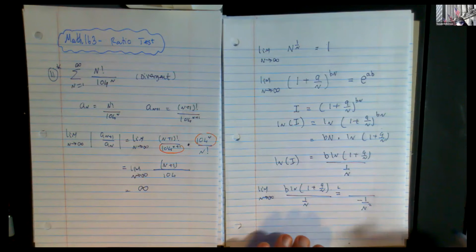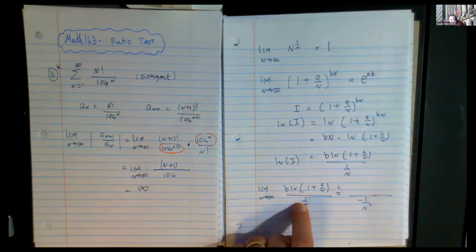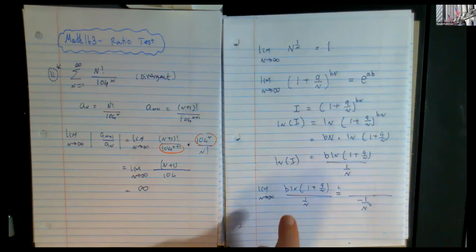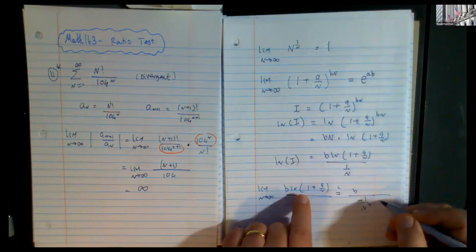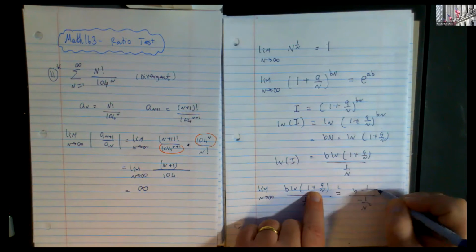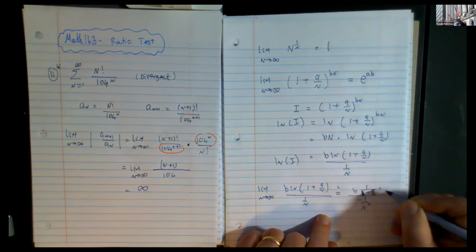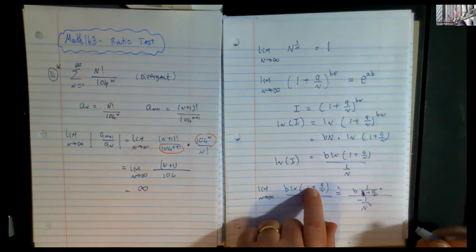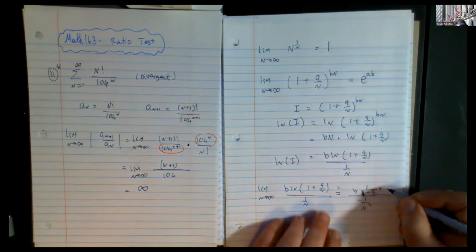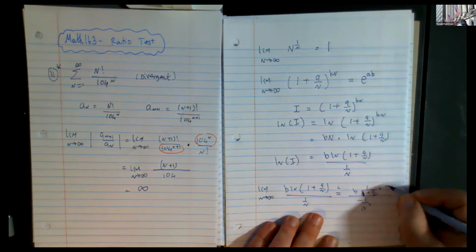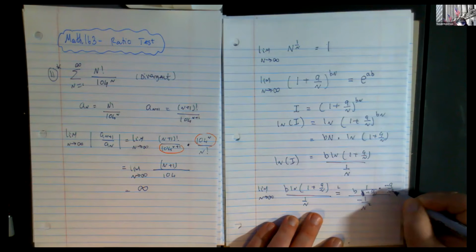We just say, yeah, derivative of that is that, right? This fella is just B. If you differentiate a log, you get 1 over the guy. Oops. 1 over 1 plus A over n times the derivative of 1 plus A over n. And if you differentiate A over n, you get negative A over n squared.